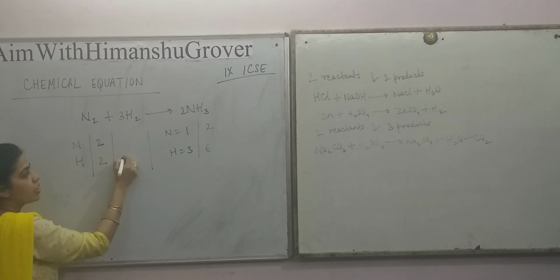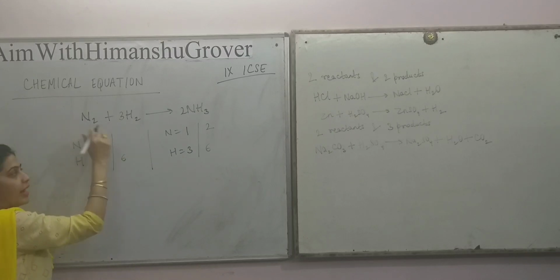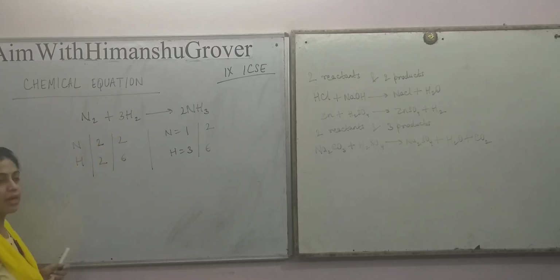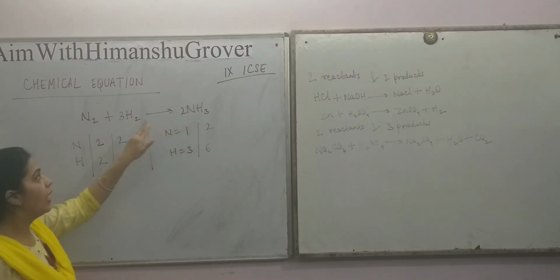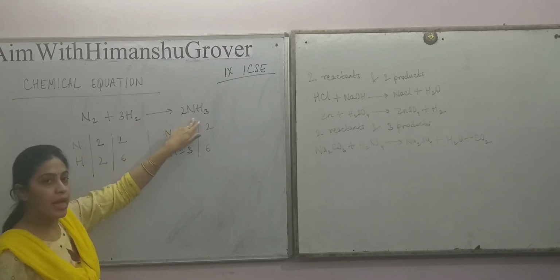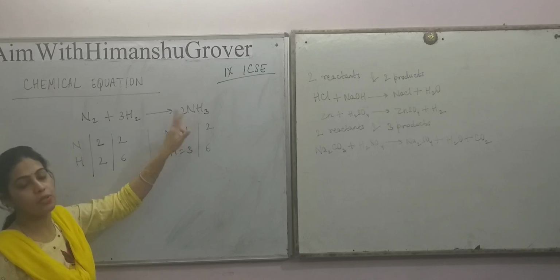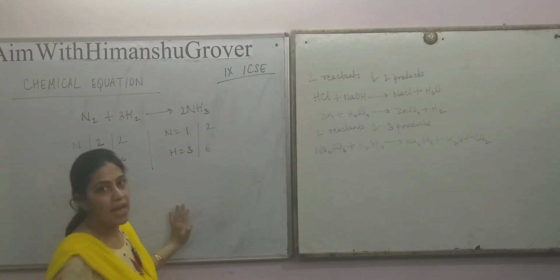Now the hydrogen atom also becomes 6 on the reactant side and nitrogen is already 2 on the reactant side. Now the equation is balanced because nitrogen here is 2 and on the product side it is also 2, and on the reactant side the number of hydrogen atoms is 6, and on the product side also the number of hydrogen atoms is 6. So the equation is balanced now.